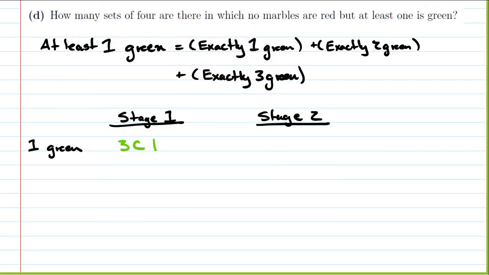Green and red. Because we've already selected all of the green marbles that we can have, which is 1. So in stage 2, we're selecting not red, but we're also doing not green because we did green in stage 1. So how many not red and not green marbles are there?